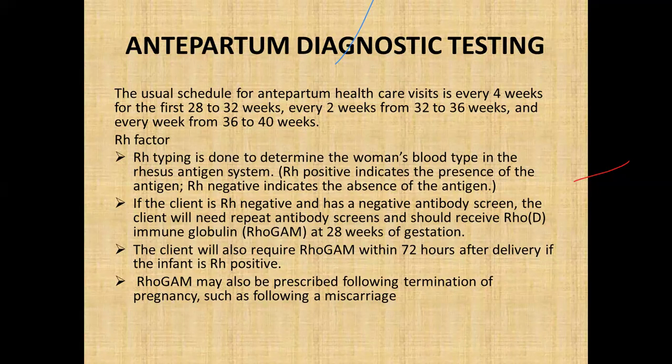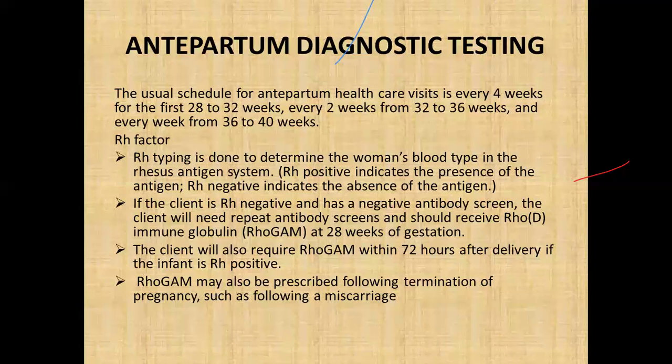And then again, when the child is born, the test is done on the child. Ideally, you should be able to test the child to know the status, whether the child picked the mother's or the father's status. But it's very difficult to be done. So we wait until the child is born.